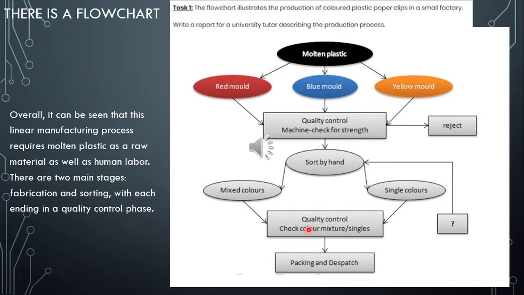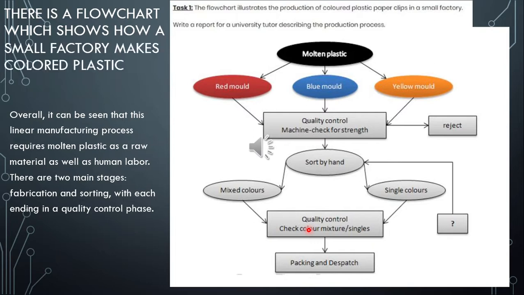So, there is a flowchart which shows how a small factory makes colored plastic paper clips. Full stop. If I'm writing this essay, that's my entire first paragraph. That's it. That's what? 4, 8, 10, 13, 15 words. Boom.